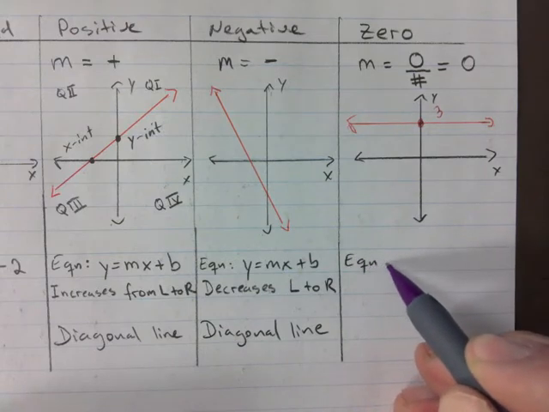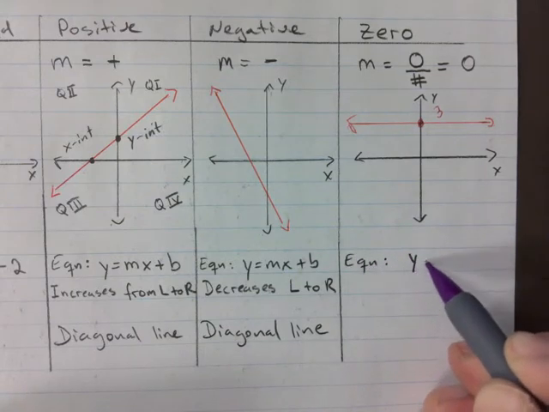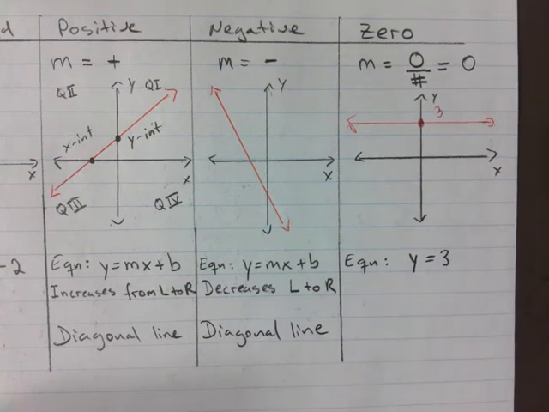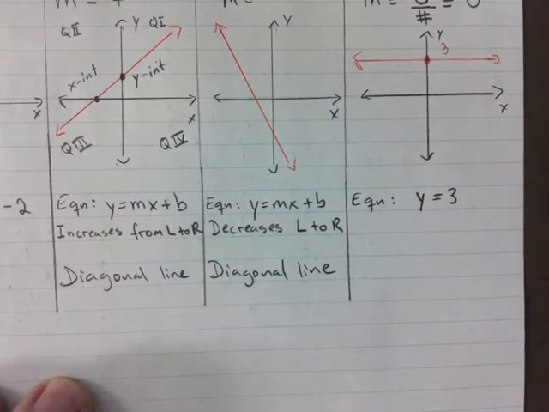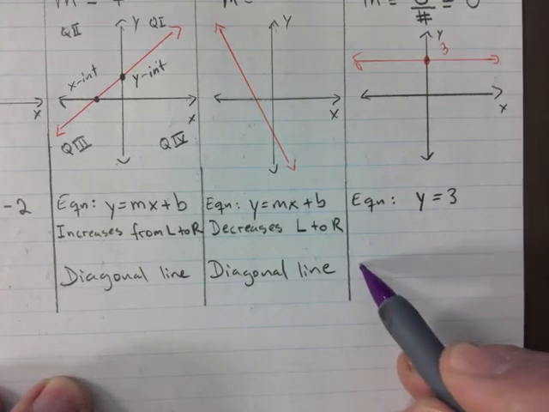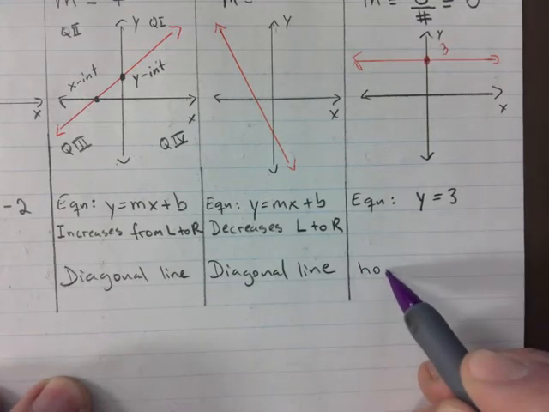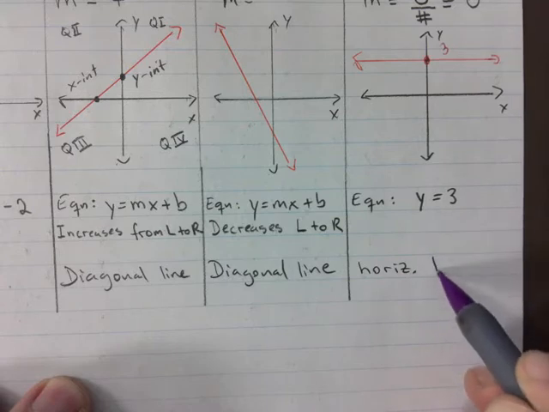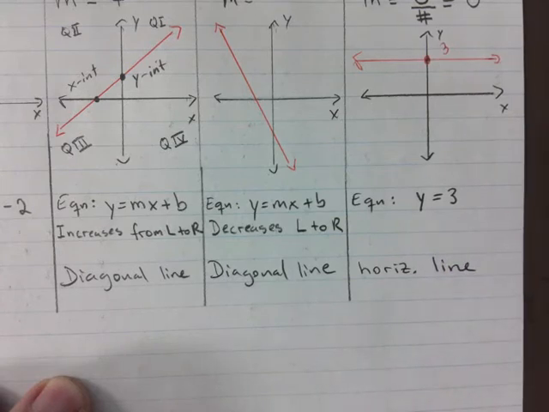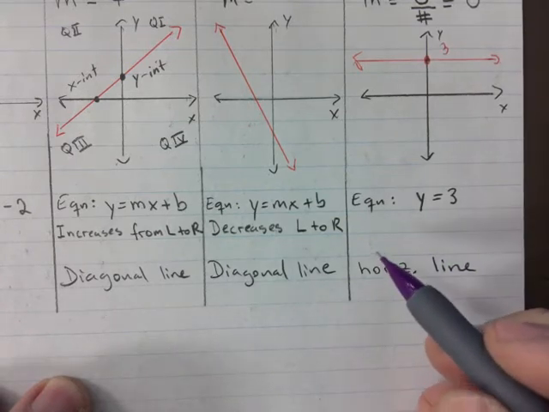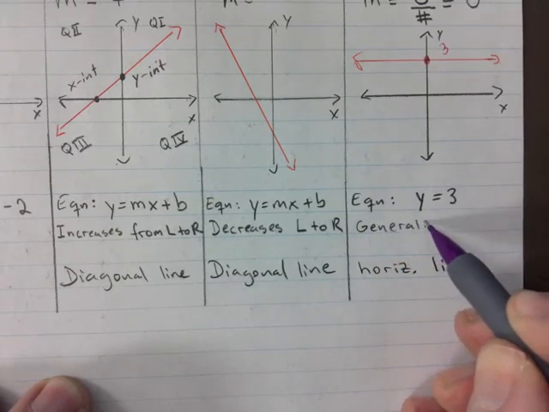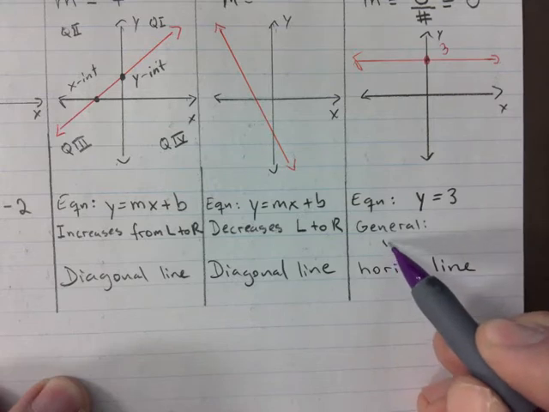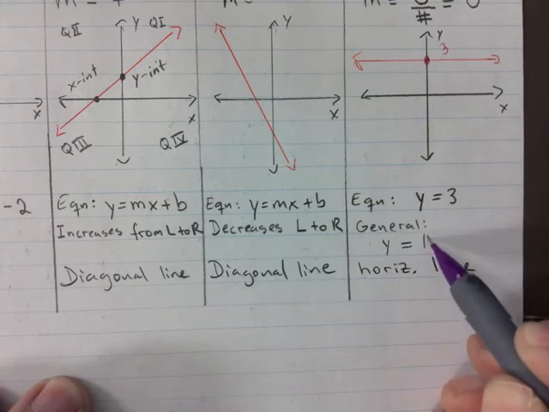Equation is going to be y equals 3. And I will say it's a horizontal line. It's a horizontal line, and in general, it goes y is equal to a number.